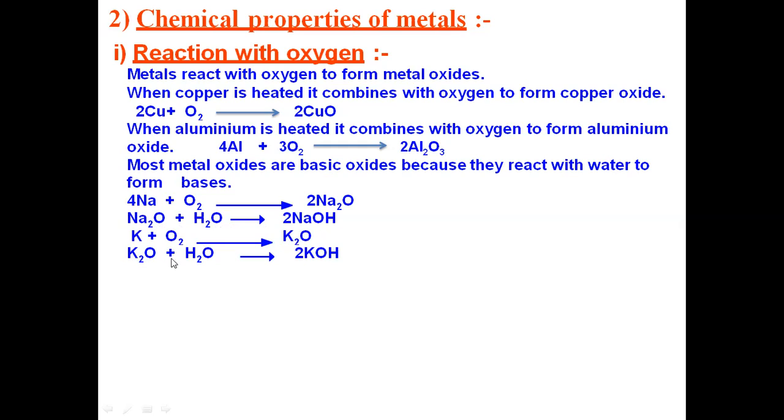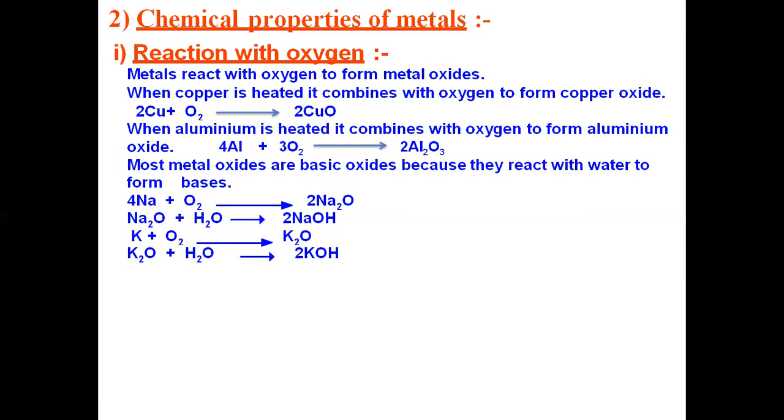The oxide of potassium combining with water gives a base. If there is formation of a base, then that oxide is called a basic oxide. So metal oxides will always produce a base when they react with water. So these are called basic oxides.